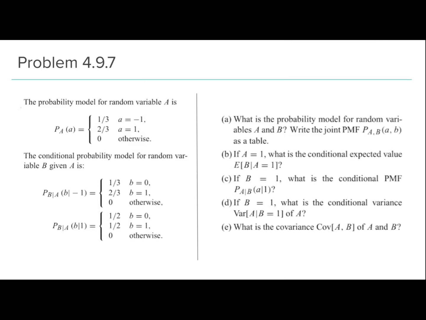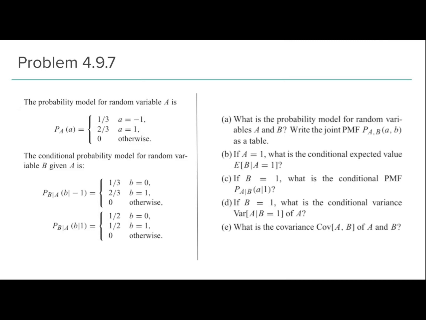And the conditional probability model for random variable B given A is P of B given A: given that A is equal to -1, it is 1 by 3 for b equal to 0, 2 by 3 for b equal to 1, and 0 otherwise. So what this says is that if A is equal to -1, then the probability distribution of B given A is 1 by 3 for b equal to 0 and 2 by 3 for b equal to 1.